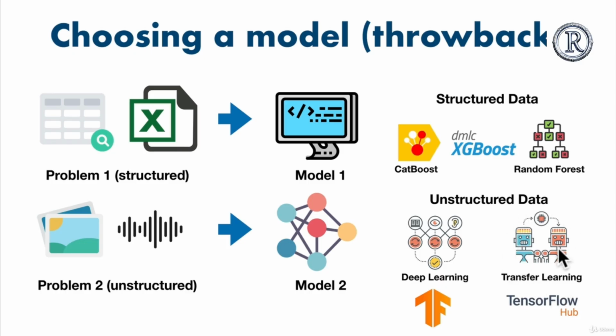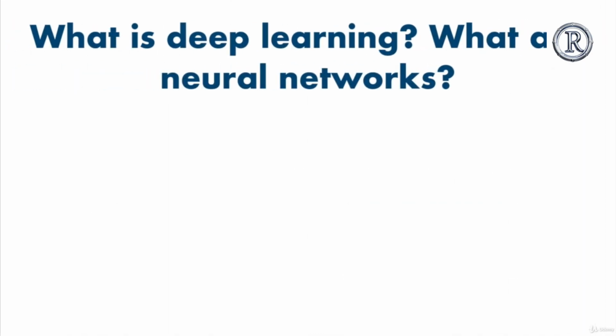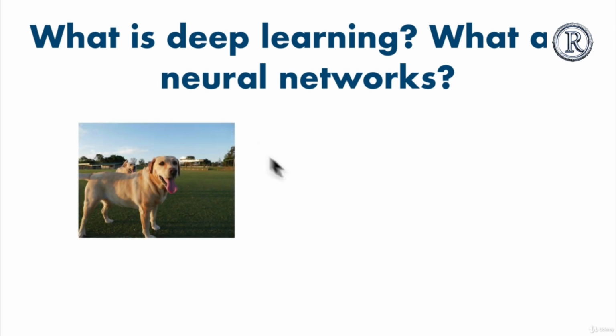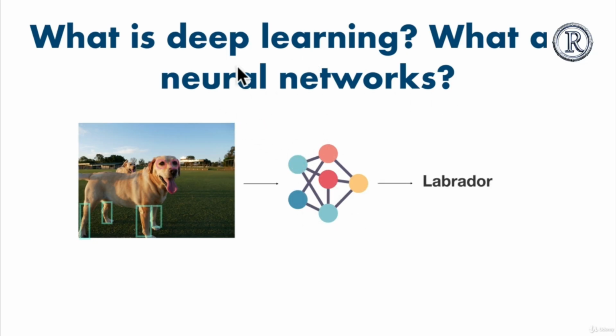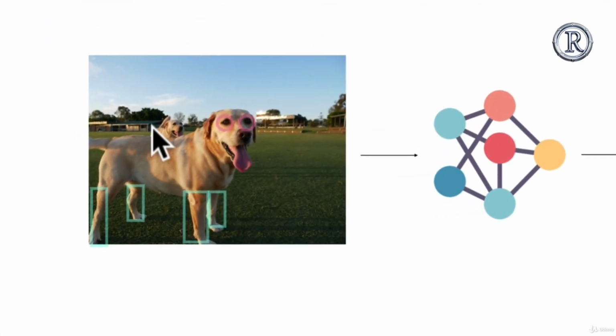Now you might be asking, what is deep learning and what are neural networks? Well, I want you to think of it like this. Deep learning is just another form of machine learning. And neural networks, something like this, are the type of machine learning algorithm that are usually referred to when we talk about deep learning. And so if we have this image of a dog and we're trying to identify, that's my dog, 7. How beautiful is she?